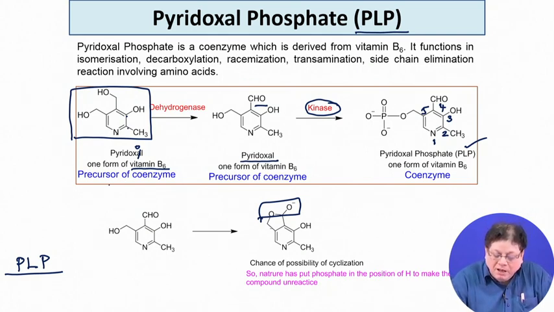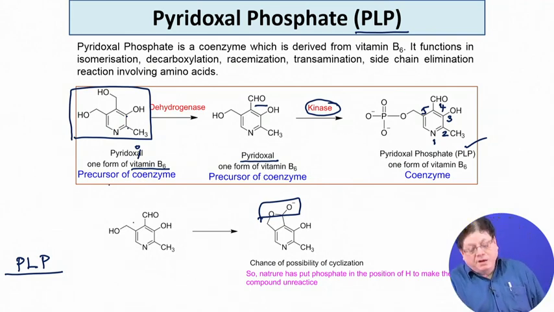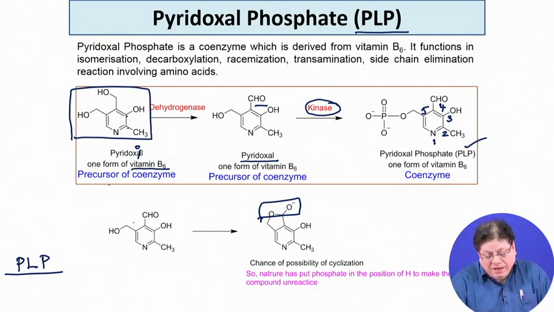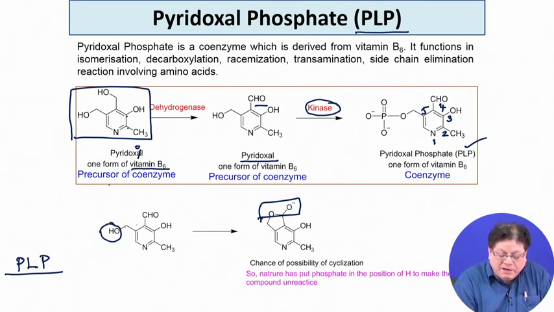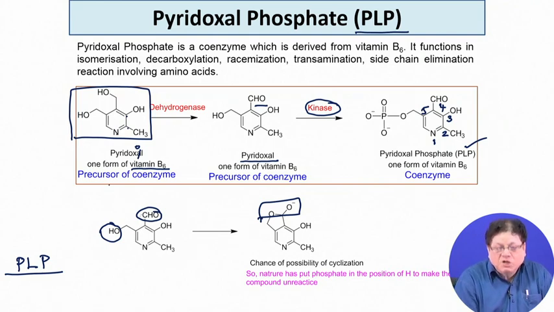Because you know that this is the furanoid structure, and in glucose that was the pyranose structure, the furanose and the pyranose. So, in order to suppress this, it is protected as the phosphate. If it is not protected, then the aldehyde cannot show its full functional activity, because it is now forming the hemiacetal.